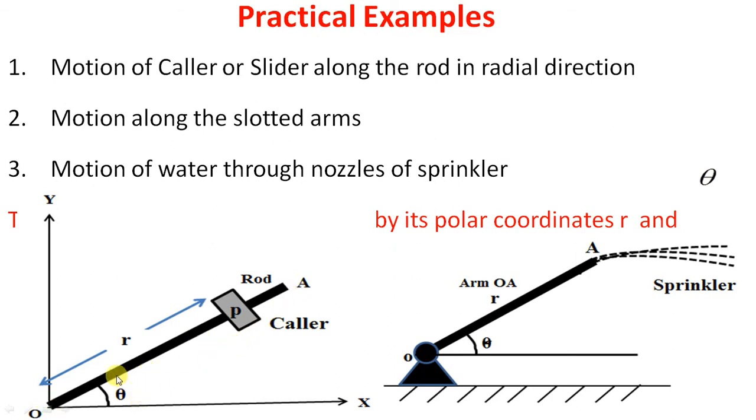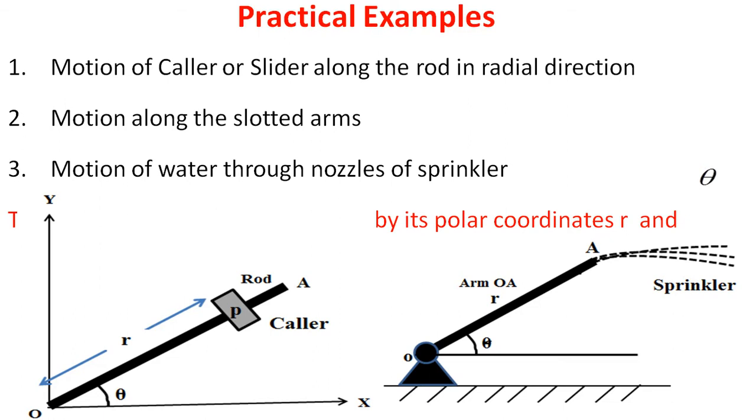At the same time, this rod is moving at an angle of theta. Such a system is one example of the polar coordinate system or R theta system. Here the collar is moving on this rod up and down, and this rod along with this collar is moving with an angle theta.